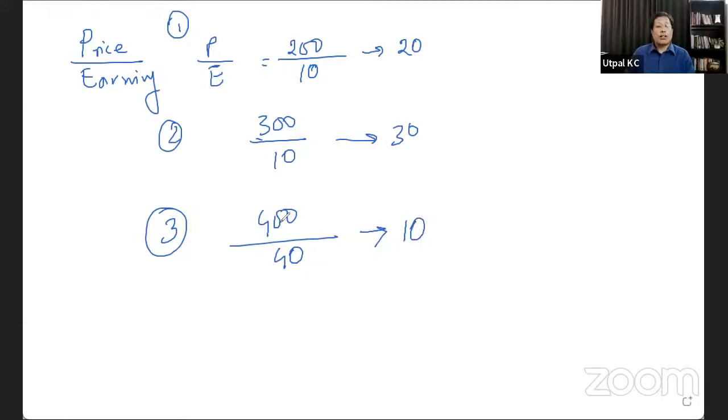Now you see, because earnings has gone up substantially, that's why PE is coming down. Understood? Clear? Earnings has gone up, price has also gone up. Price may go up, price may come down. But since earnings have gone up substantially, PE has come down.